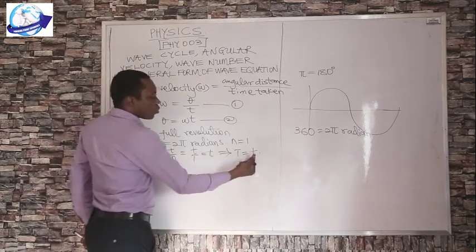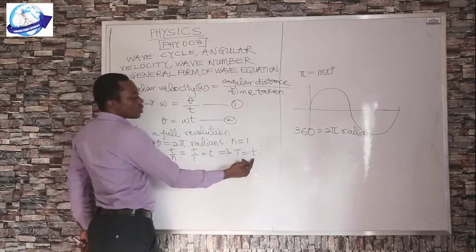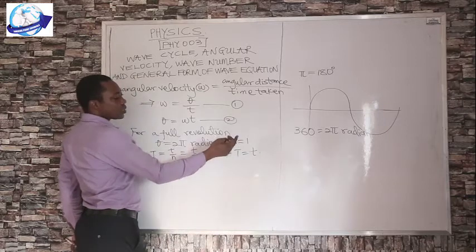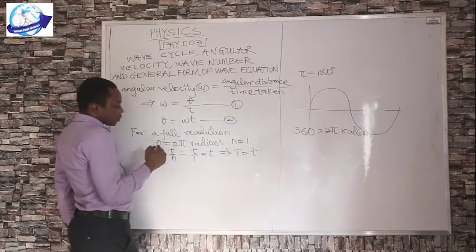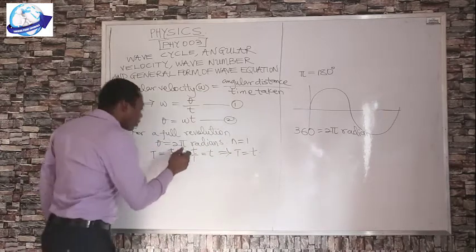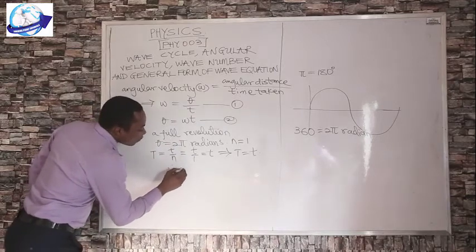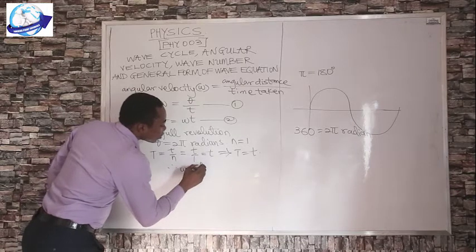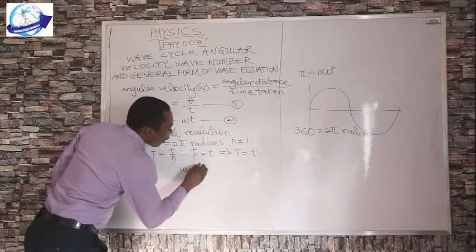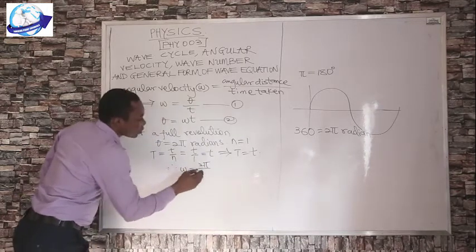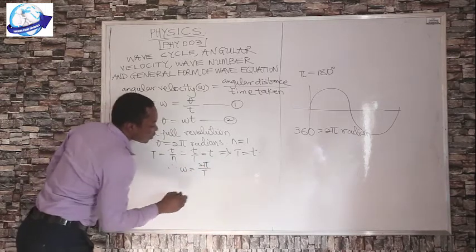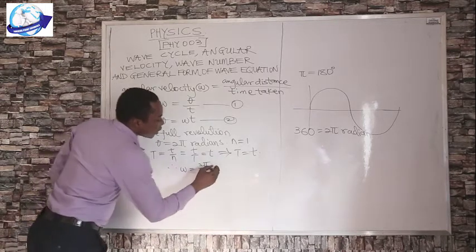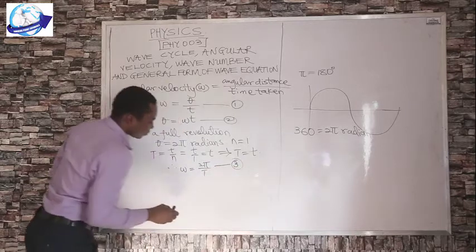So if in one cycle t is equal to the period and theta is equal to 2 pi, therefore angular velocity is equal to 2 pi over T, and that is equation 3.